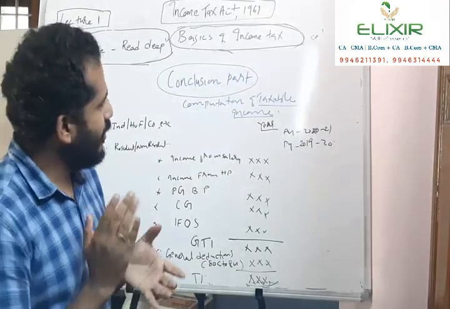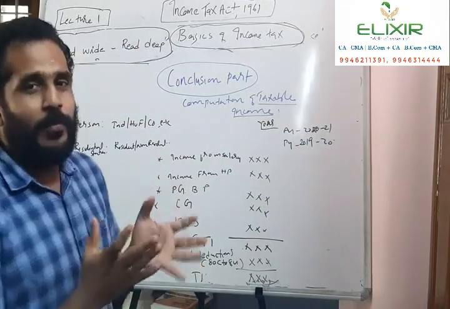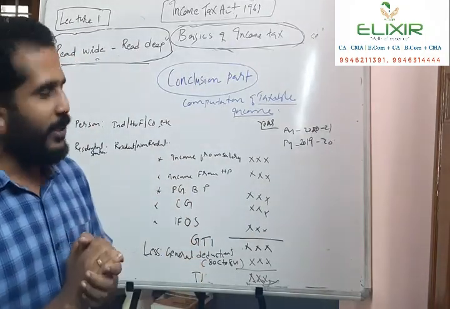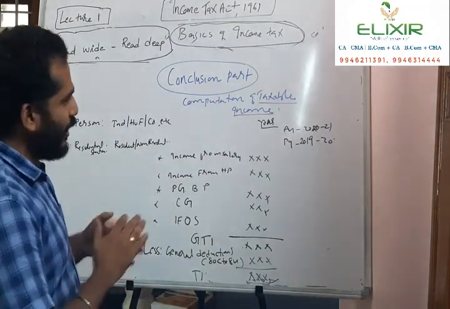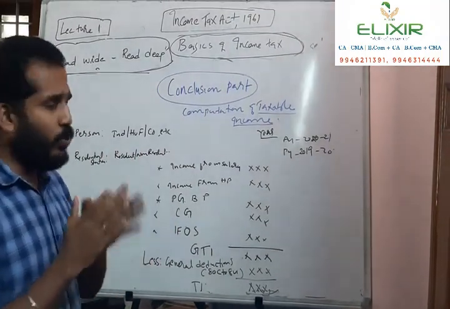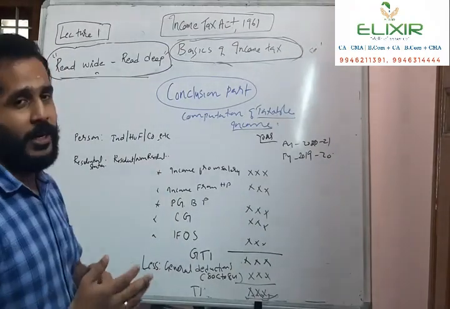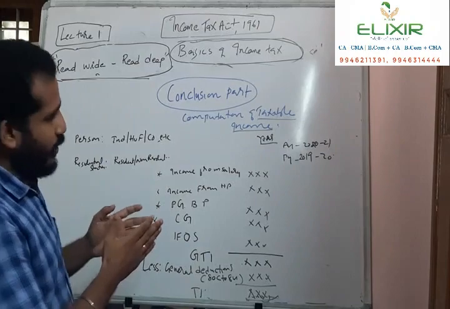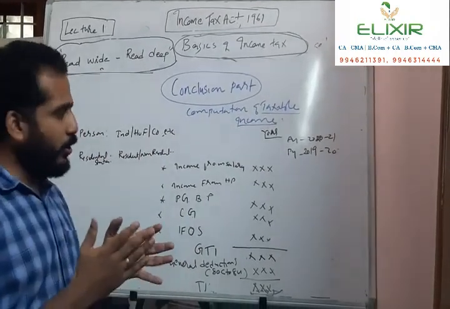So students, we are moving to the last part of our discussion of the basic lessons of the Income Tax Act. It is the computation of taxable income. This is a simple format you can use while doing problems, while calculating taxable income for your examination. So let us see the ways through which we can compute the total income.